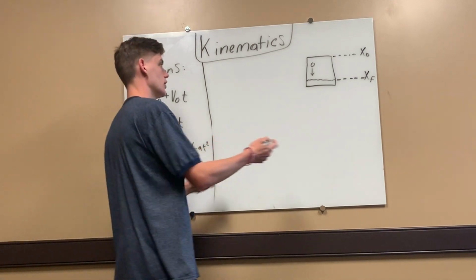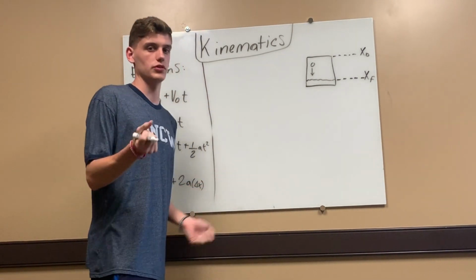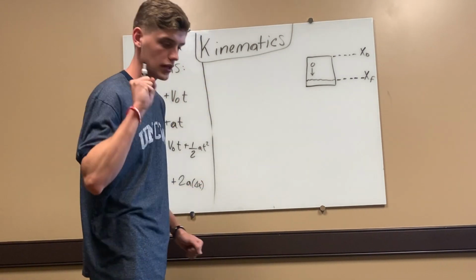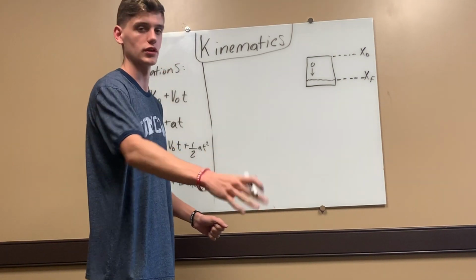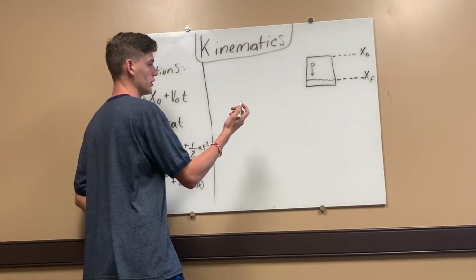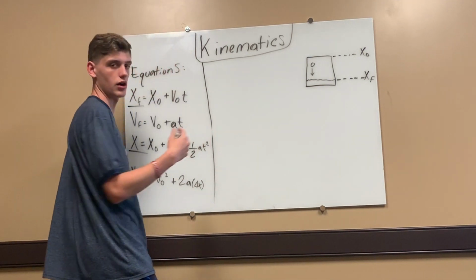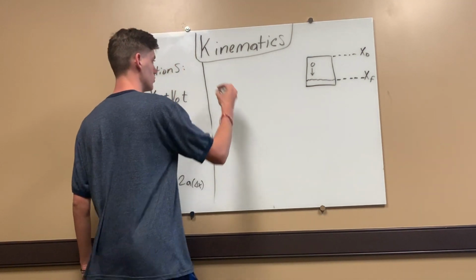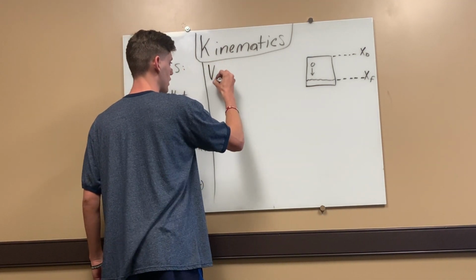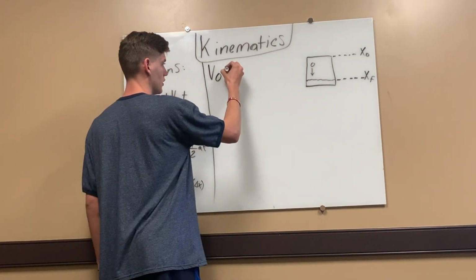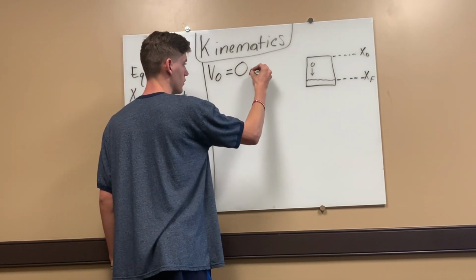We know that this stone is dropped. If something is dropped and not given any initial push to get it going, the initial velocity of that object, in this case the stone, is just going to be 0 meters per second.